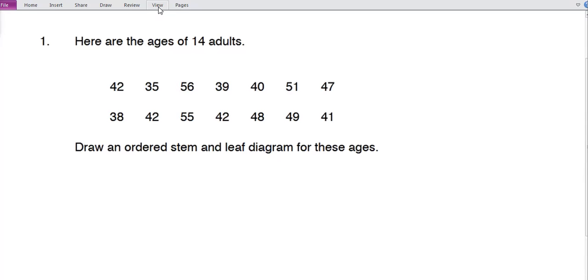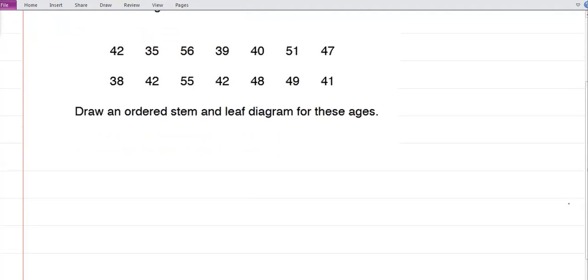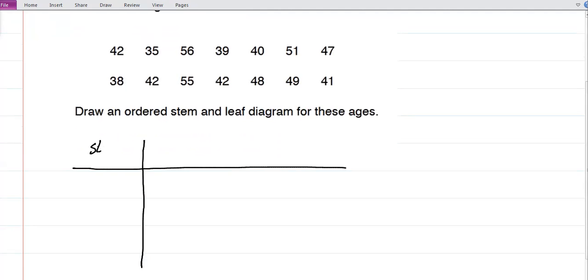For writing an ordered stem and leaf diagram, what do we have to do first of all? You should draw a line in this way, and here write stem and here write leaf.